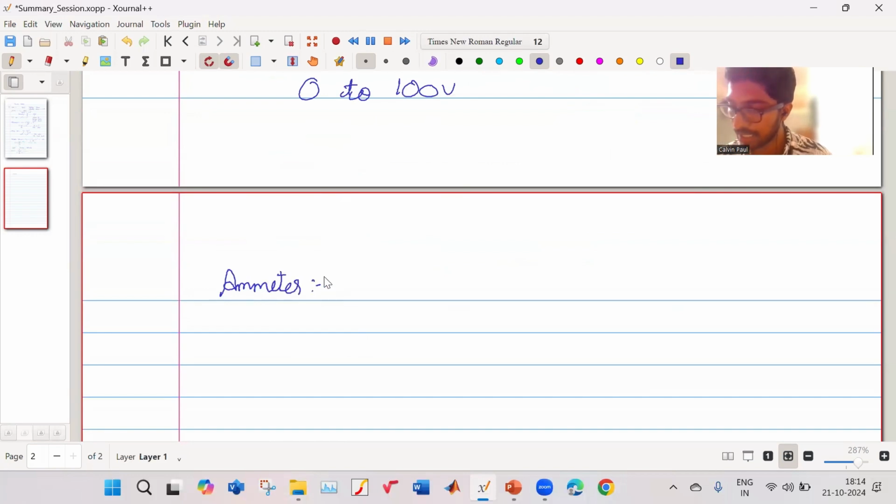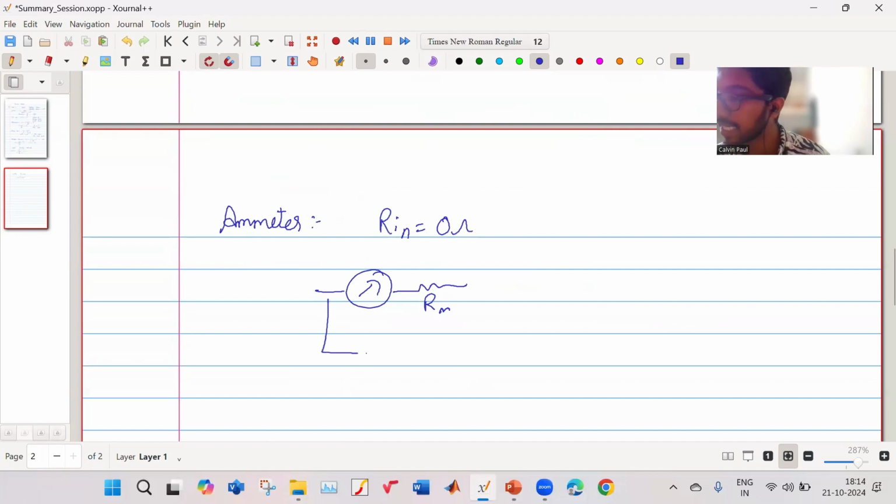Now if I want to use it as an ammeter, you must understand that ideally the ammeter's internal resistance should be 0 ohm, but practically it's some finite value. So you have this PMMC instrument which measures current and has some resistance. You connect a resistance in shunt, R shunt, and this overall thing becomes your ammeter.